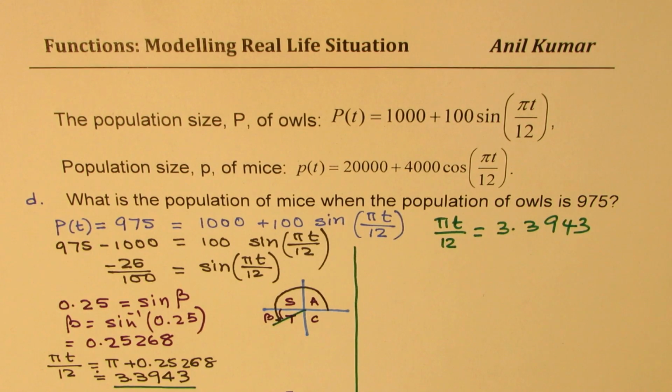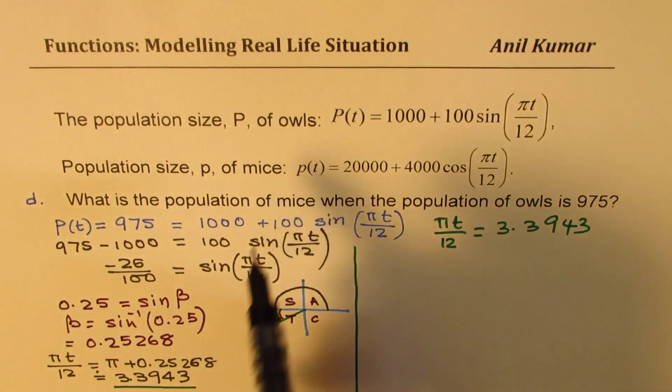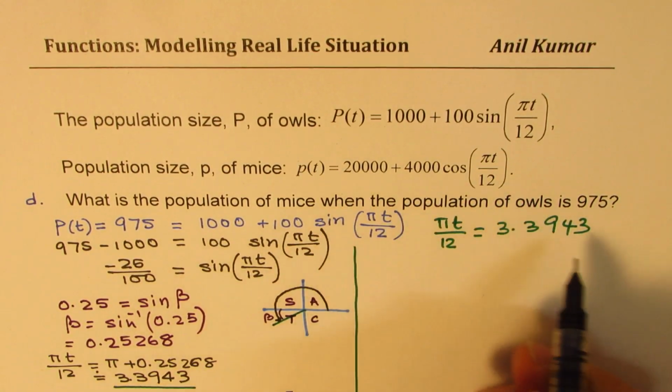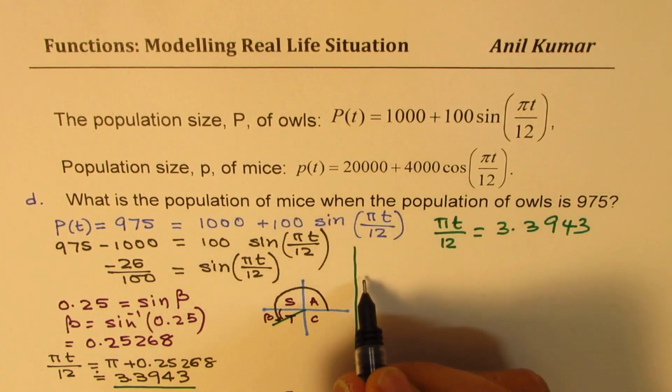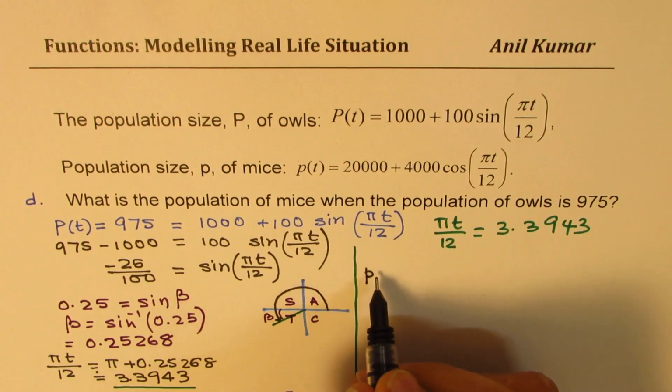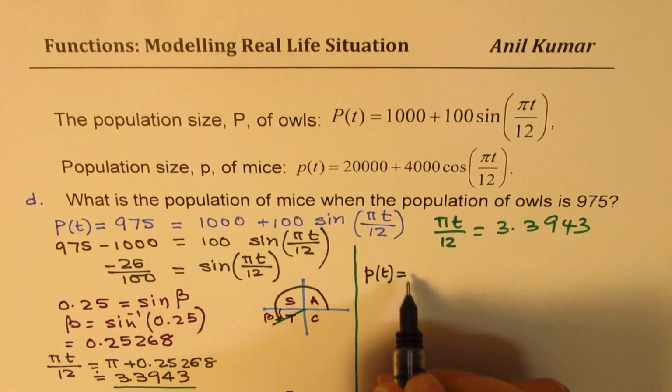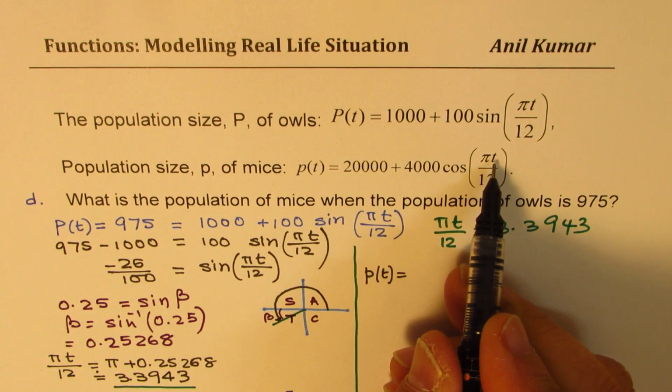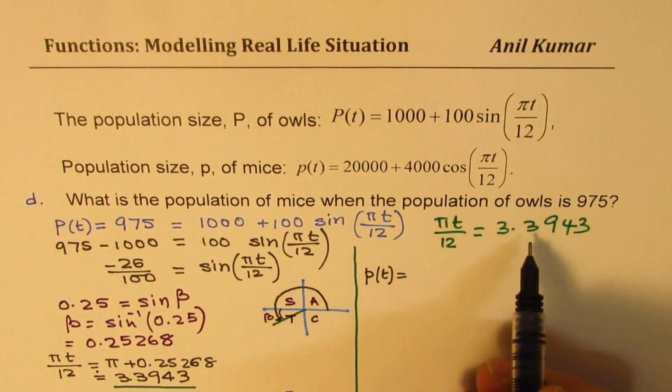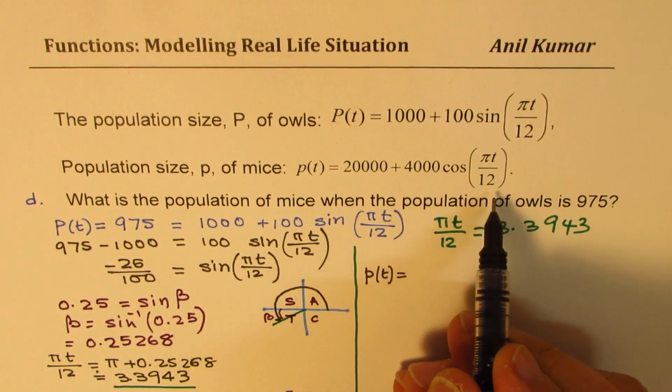Perfect. Okay. Now we'll use the second equation, which is lowercase p of t, and we'll substitute this value. Perfect. So we get p of t. We didn't really find time. Perfect. We just found the whole thing, which is pi t by 12 equals to.